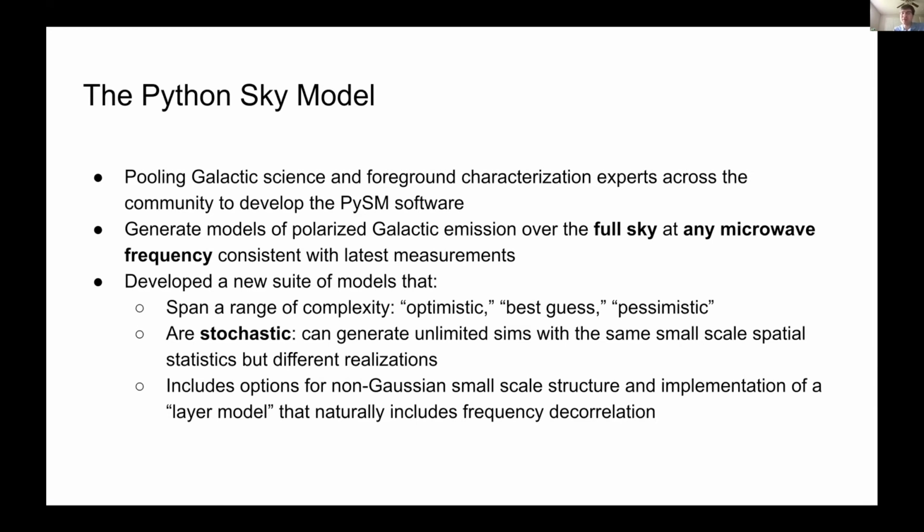where to the extent possible, the maps that are produced by this code are constrained by available observations.